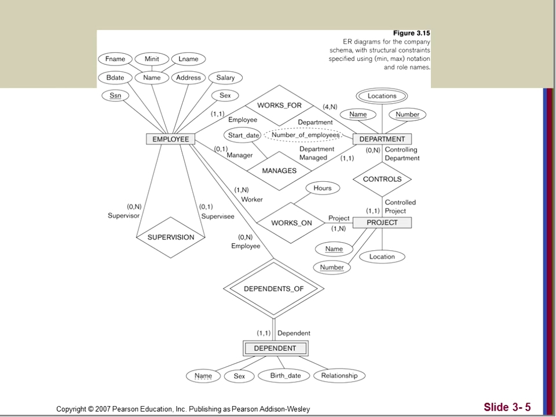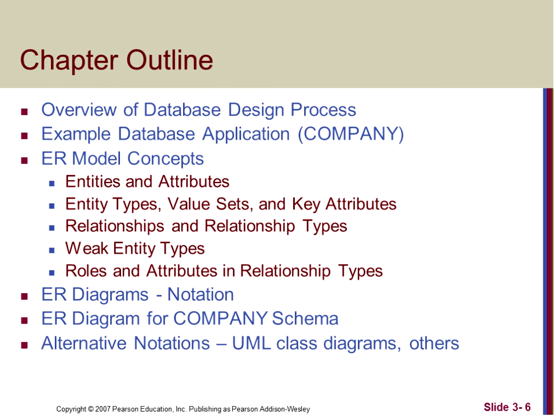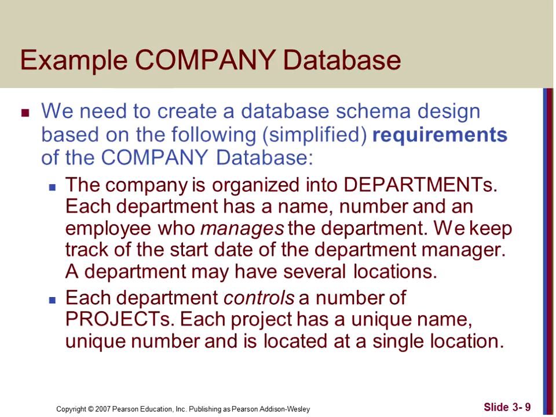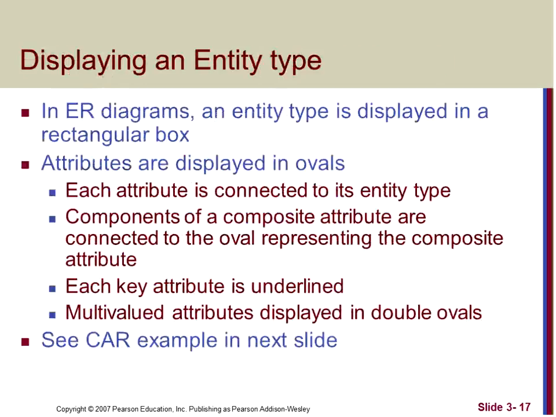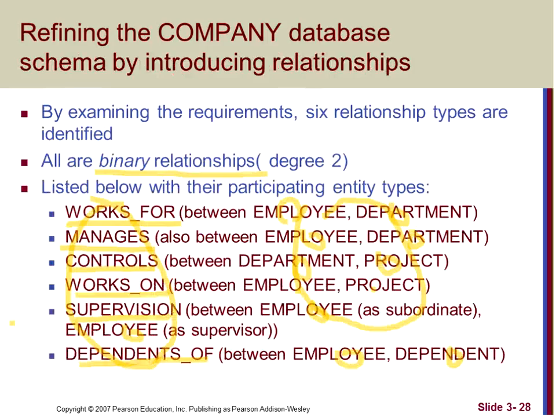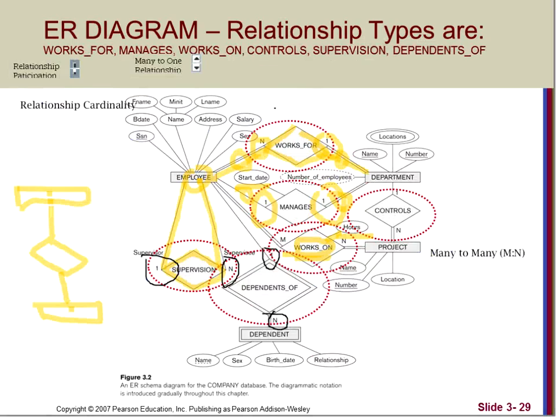So let's see the example of this one. I think this is not a good example. Yes, let's use this one. In this example, take a look at the key attributes that we identify.